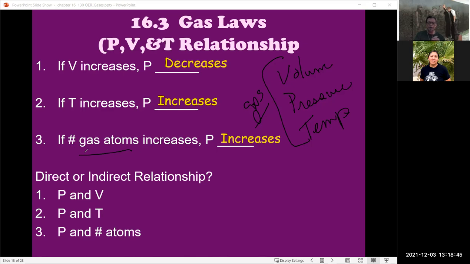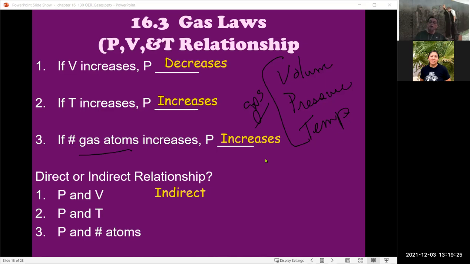Okay. Now we just noticed in number one that when the volume increases, guess what? The pressure decreases. We call that an indirect relationship. Okay. Indirect relationship. As one variable goes up, the other variable that's tied into it goes down. Okay. We also see that with the relationship between pressure and temperature, number two, as we increase the temperature, the pressure went up.